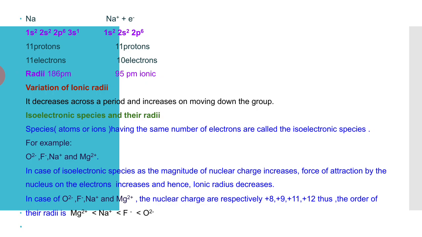Then radius of sodium is 186 picometer while sodium ion is 95 picometer. Variation of ionic radii: it decreases across a period and increases on moving down the group.